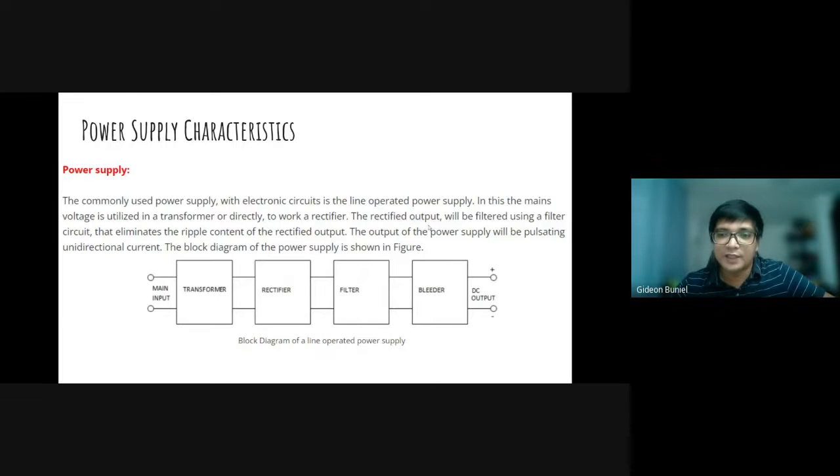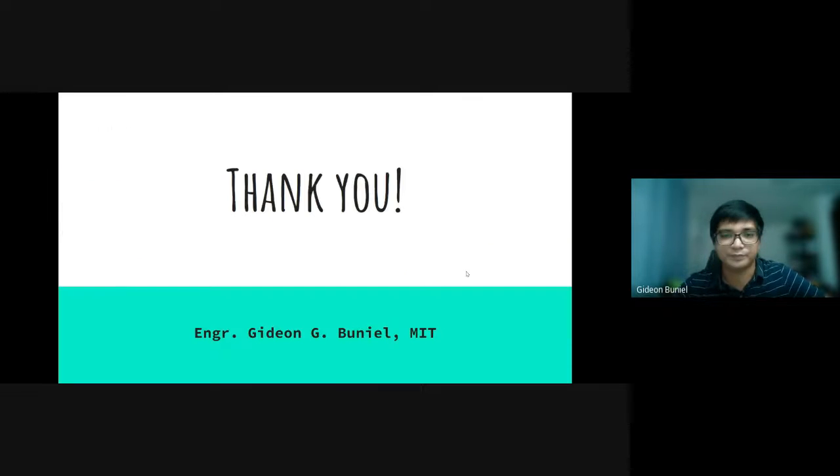The rectified output will be filtered using a filter circuit that eliminates the ripple content of the rectified output. The output of the power supply will be a pulsating, unidirectional current. The block diagram of the power supply is shown in the figure: mains input, transformer, rectifier, filter, bleeder, and then the DC output.